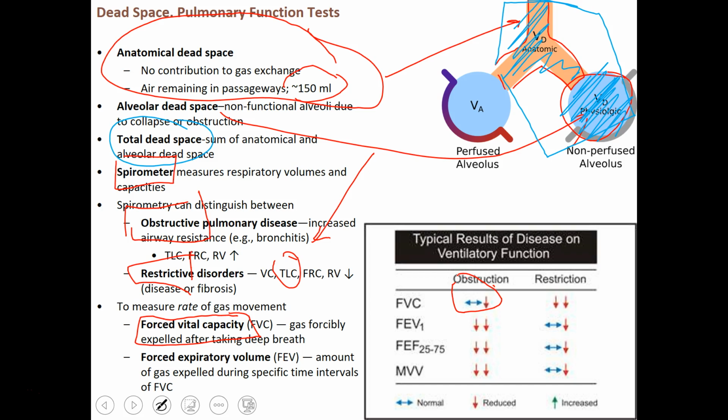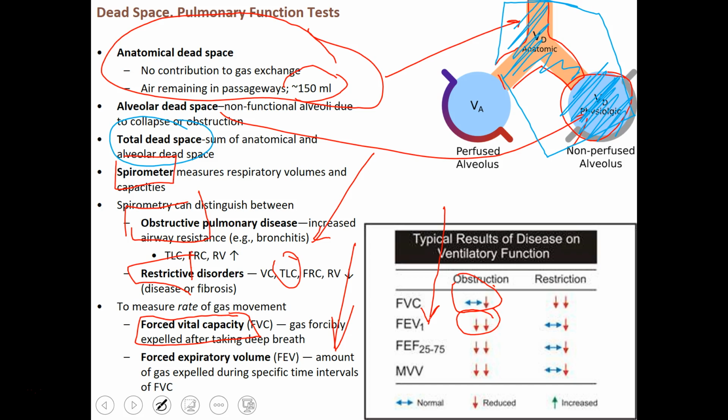However, the ability to expire it at certain rate decreases, so forced expiratory volume, amount of air that is expelled during, say, 1 minute or 1 second, reduces, because person has to expire through the smaller respiratory passages, so the flow, the rate goes down.